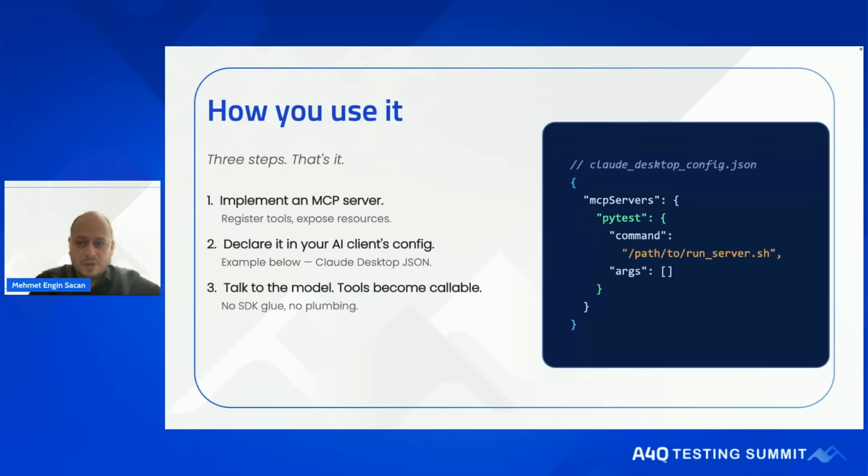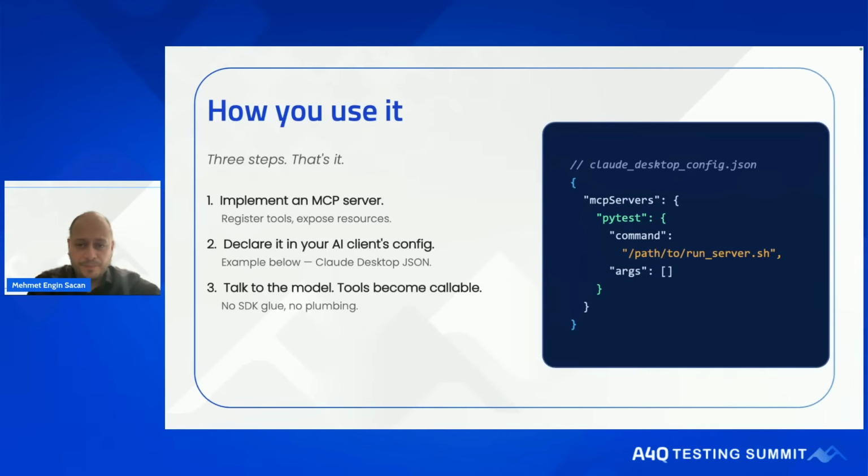I chose Claude Desktop for the demonstration, but you can use other language models to integrate with it. For Claude Desktop, that's the JSON config you see on the right, and you define your path as a shell script, and that's it. You just show that, okay, my MCP server is here, ready to run, and you can execute it.